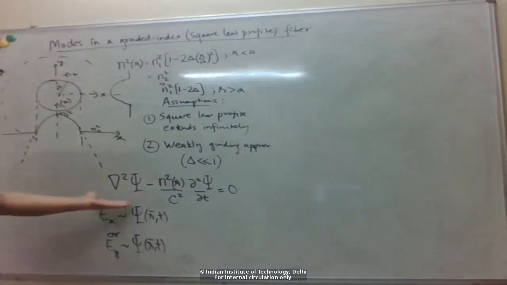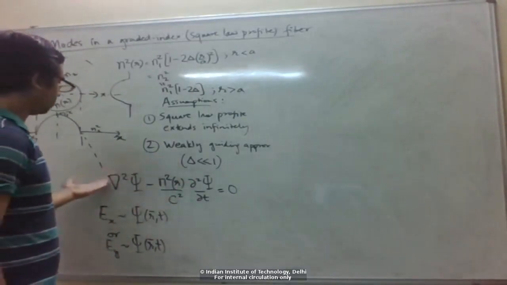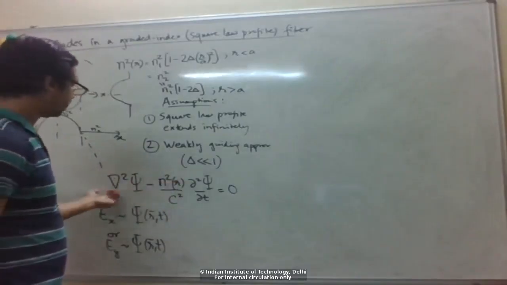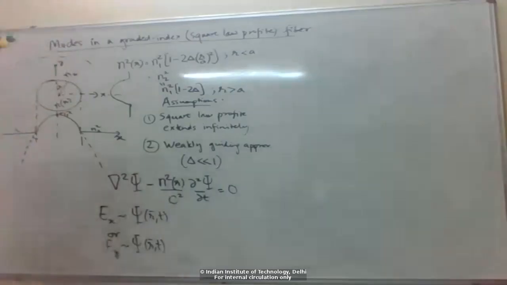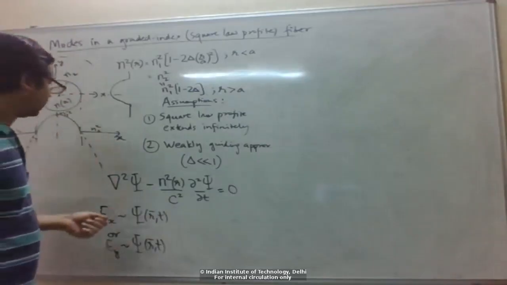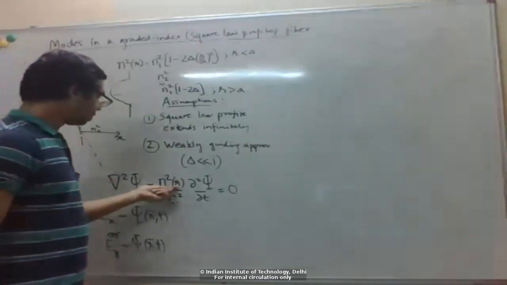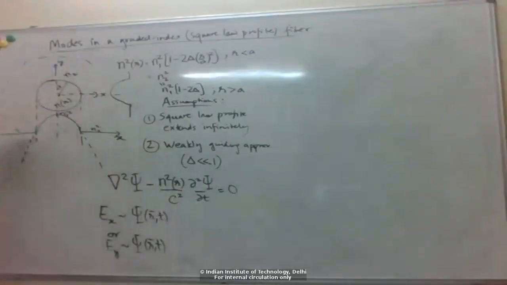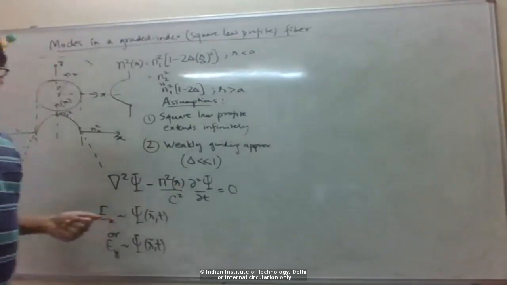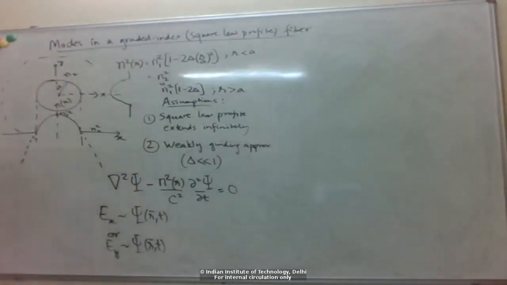So for the slab, this was just one-dimensional. This was n squared of x, and then we went ahead and solved this differential equation. Now here, of course, there are two dimensions. And you can see that the structure has cylindrical symmetry, so you would think that we have to solve this in cylindrical coordinates.